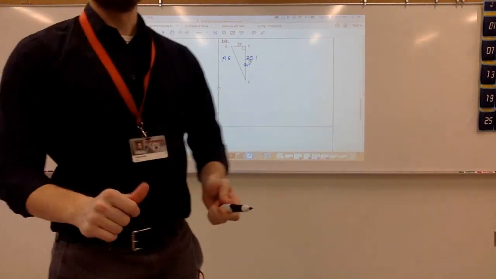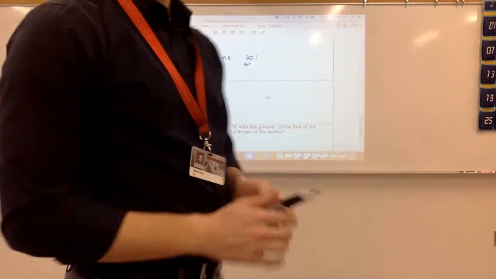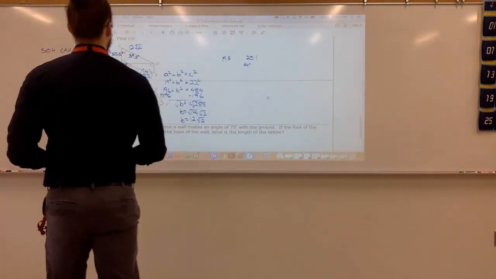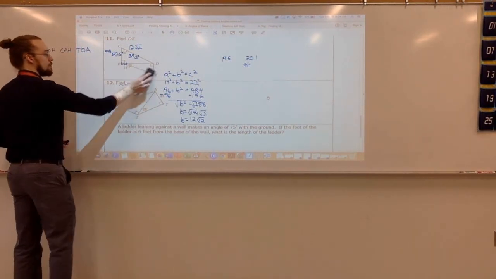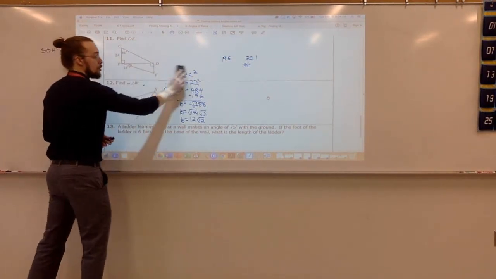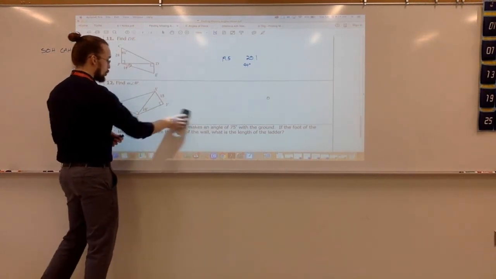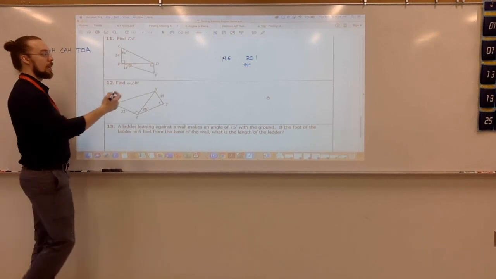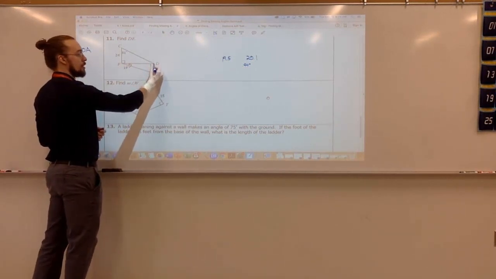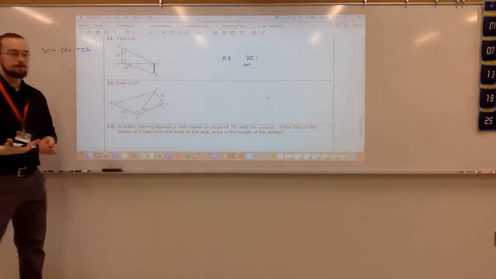Now, we're not going to have time to do any more examples, but let me at least point something out on the next couple of types of problems. For numbers 11 and 12, we have two right triangles that share a side. In this one, the goal is to find side DE.